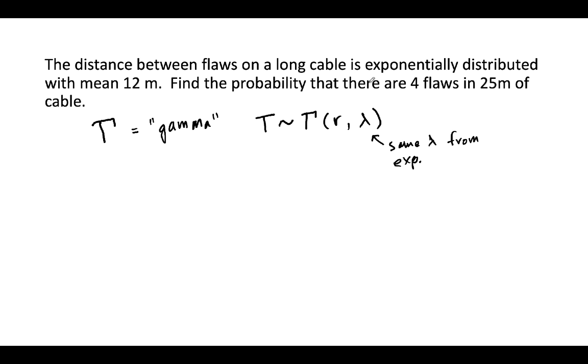But what's changed now is I'm not looking for just one flaw or the distance between two flaws. I'm looking for the distance between four flaws, and that will be represented by my random variable.